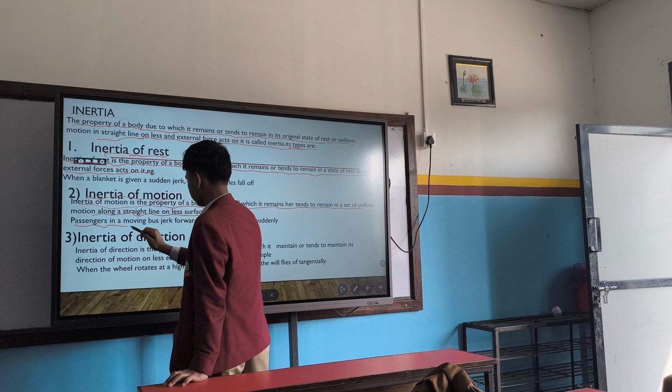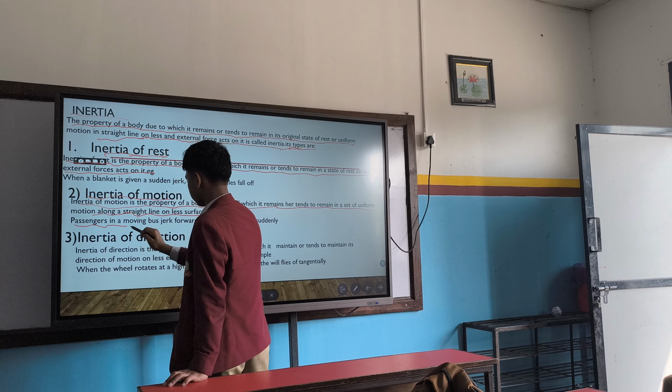Example: a passenger in a moving bus jerks forward when the bus stops suddenly. Inertia of direction: inertia of direction is the property of a body by virtue of which it maintains or tends to maintain its direction of motion unless an external force acts on it.